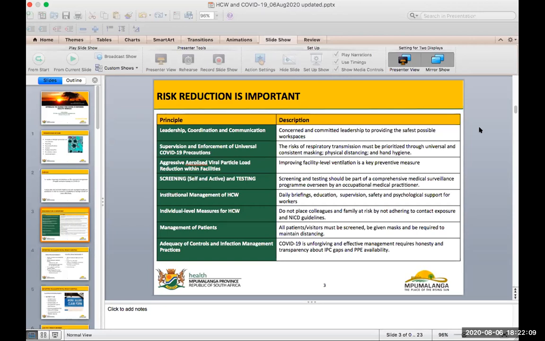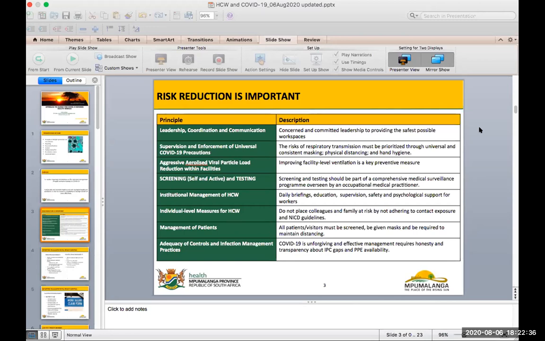The principle of individual-level measures for healthcare workers, so that we do not place colleagues and family at risk by not adhering to contact exposure and the NICD guidelines. Management of patients: all patients and visitors must be screened, must be given masks, and must be required to maintain social distancing. The principle of adequacy of infection control and management practices.